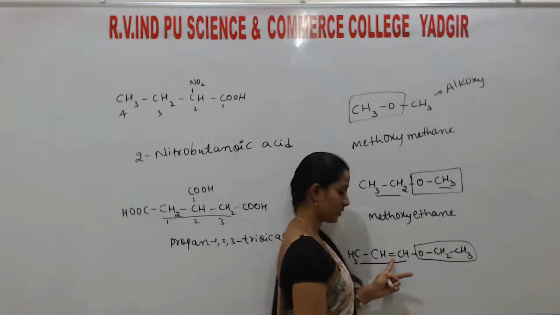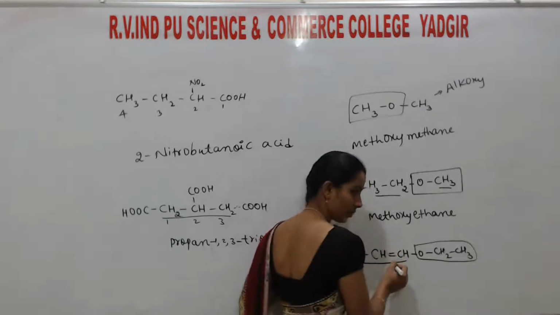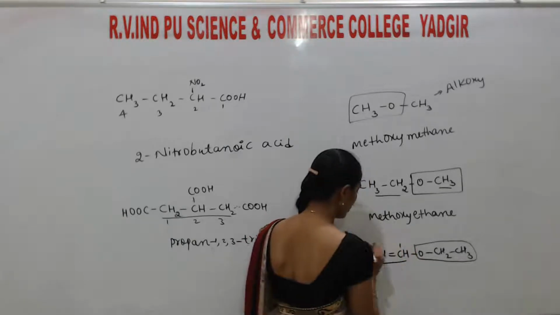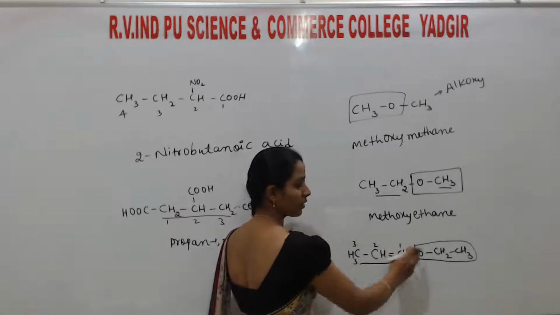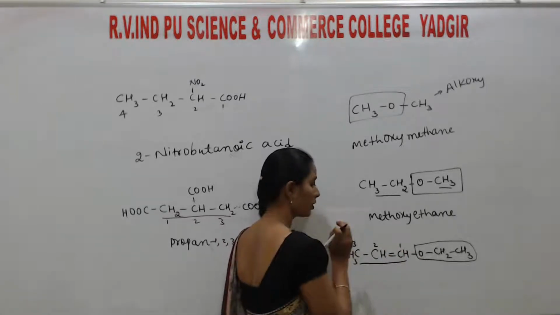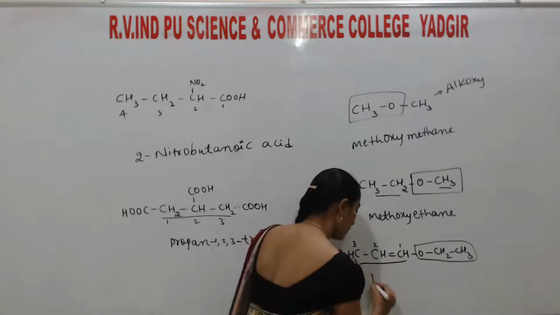Of course, this is the main functional group, and we have to give preference to this. Then start numbering, because here the double bond is there. So 1, 2, 3. This ethoxy is attached to the same carbon atom where the double bond is also present. So what is this parent chain? Propene.